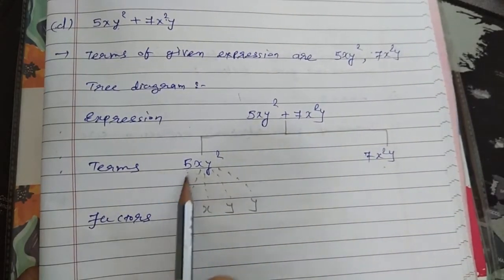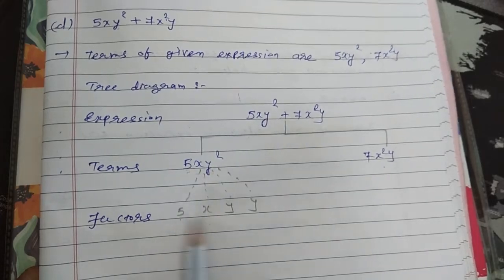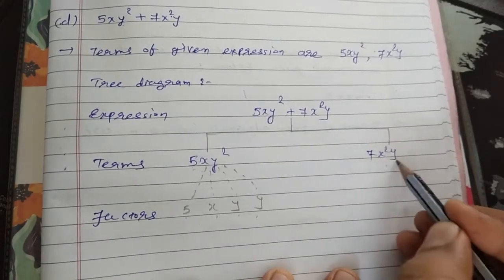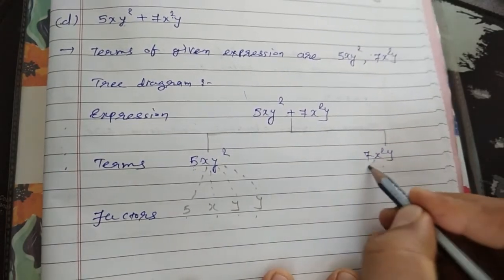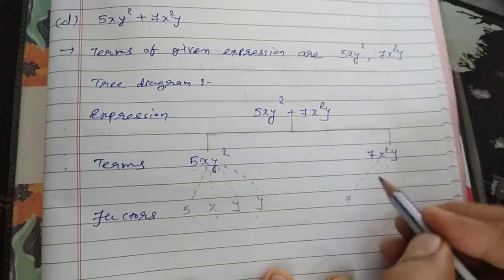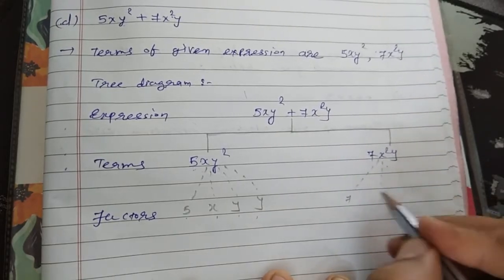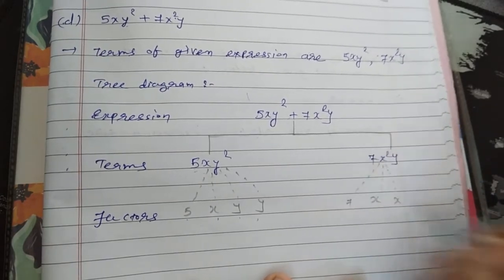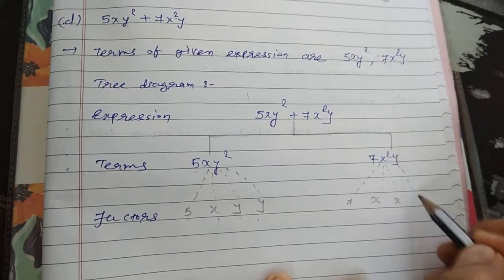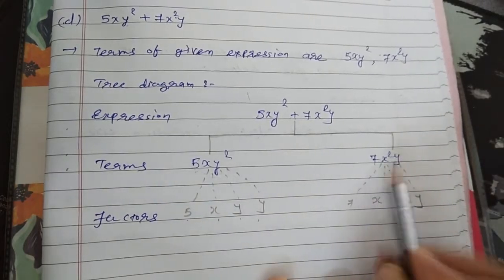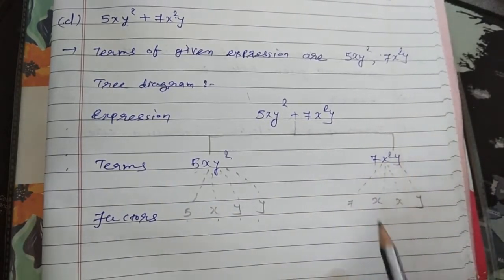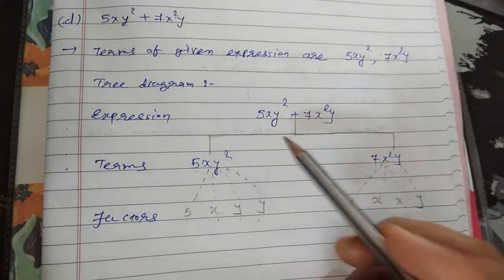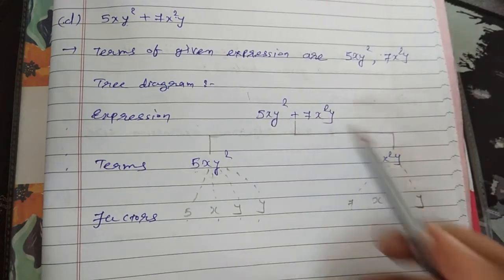So the factors of the term 5xy square are 5, x, y and y. Next, for the second term 7x square y, similarly 7 will be a factor, then x square can be factorized as x multiplied by x, and then y. So in this term 7x square y, the factors are 7, x, x and y. This is the tree diagram for 5xy square plus 7x square y.